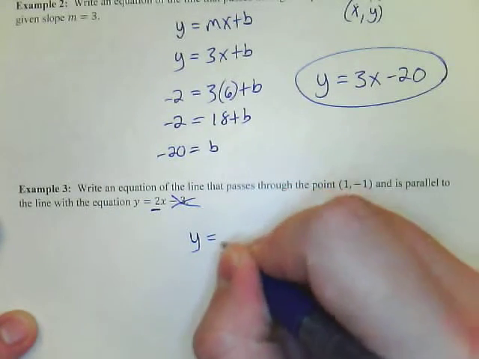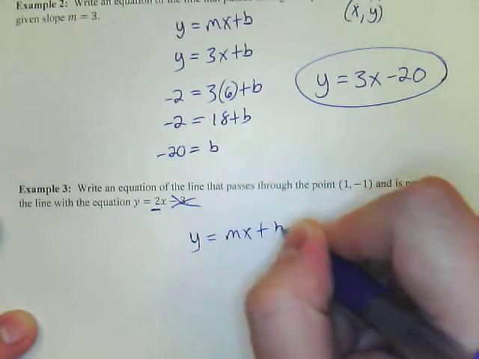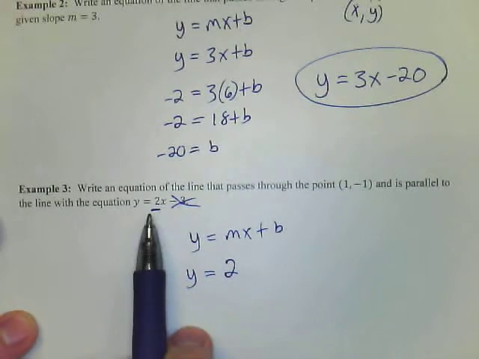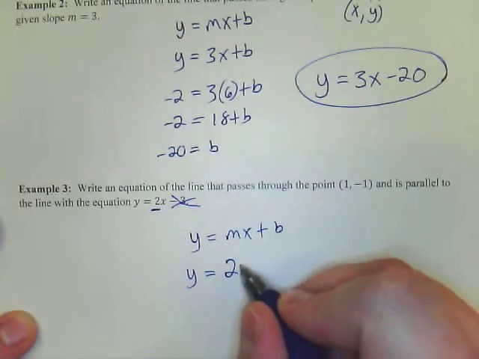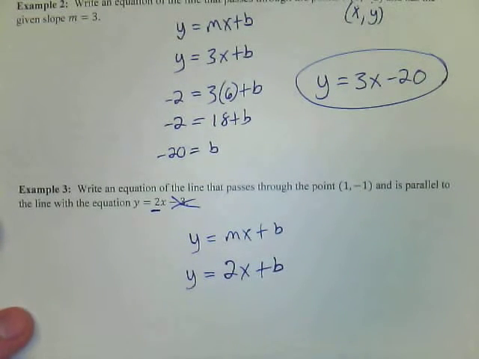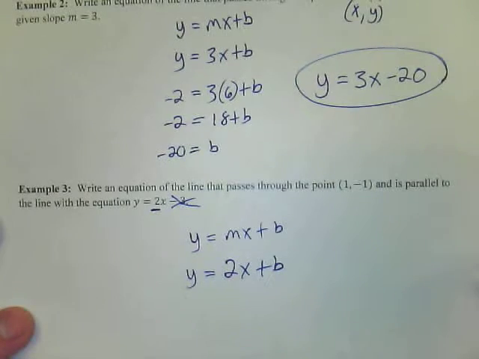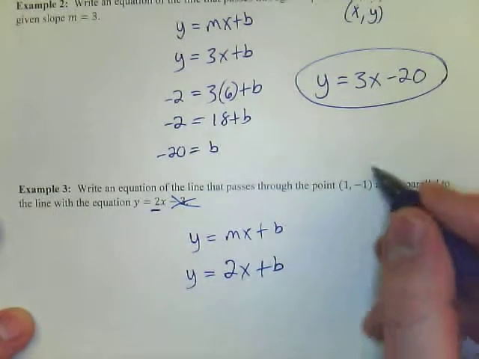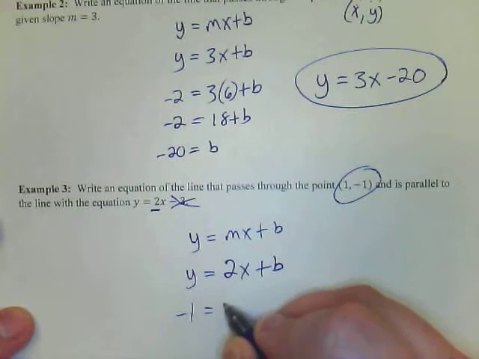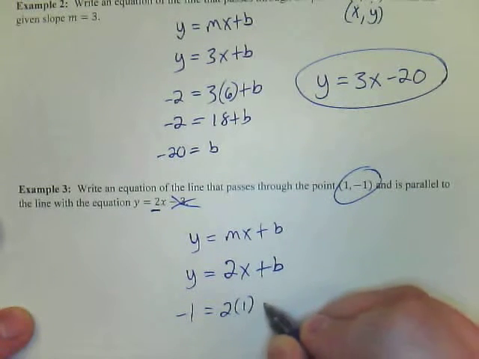So again, we're going to set up y equals mx plus b. Well, we know what the slope is. We need the same slope as this line, so we're going to just steal the 2 from there and use that. And we don't know what b is yet, but we can find it exactly the same way we did in example 2. We take this point and plug it in for x and y. The y value is negative 1, the x value is 1.